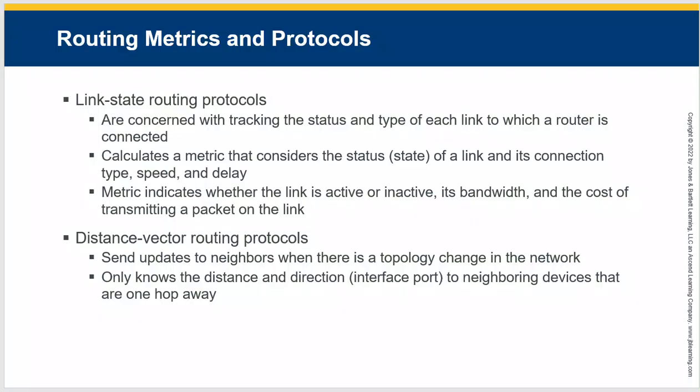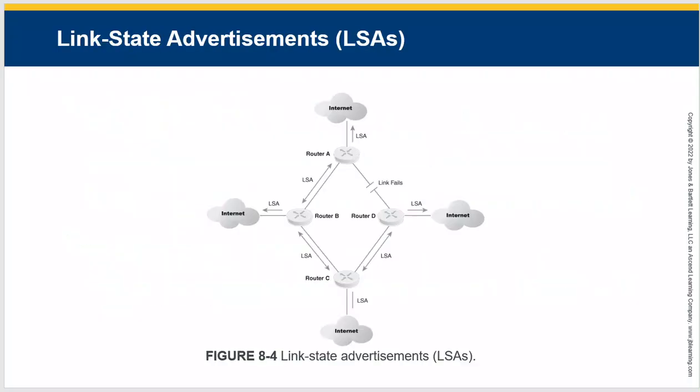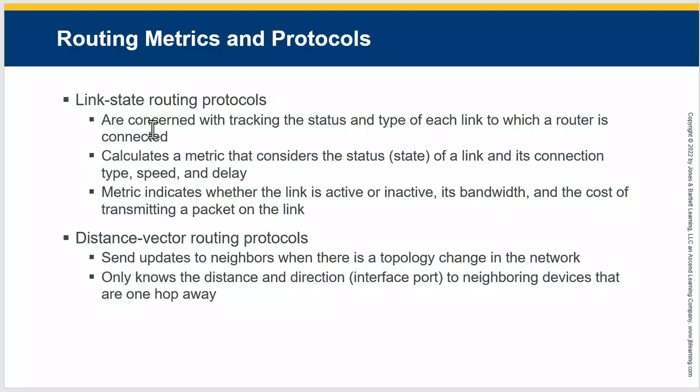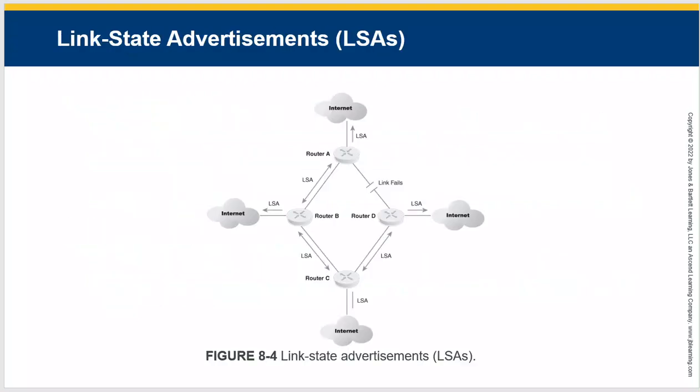But distance vector doesn't take that into account. It just looks at the number of hops. Which is why modern routing protocols are typically all link state protocols.